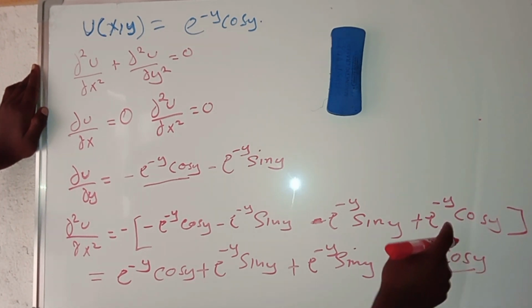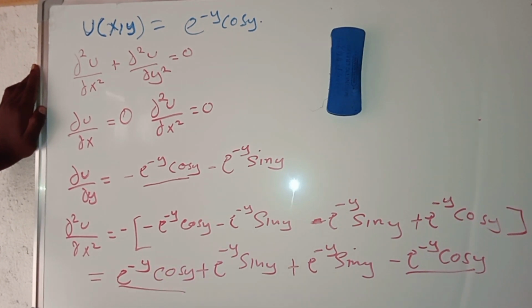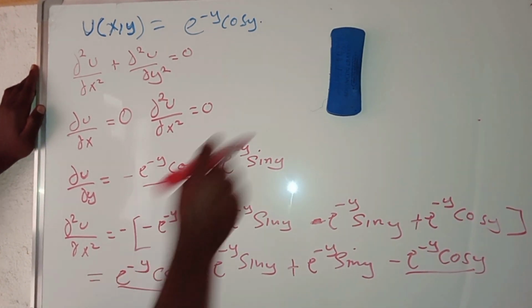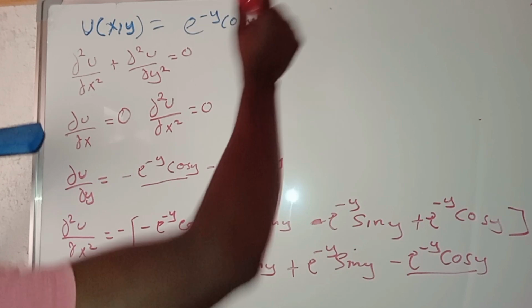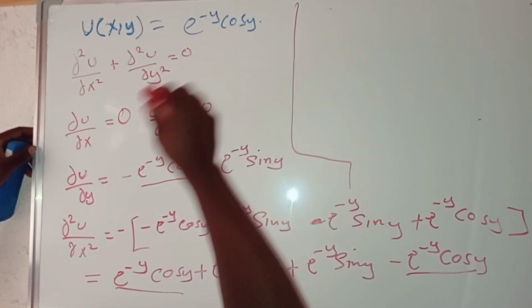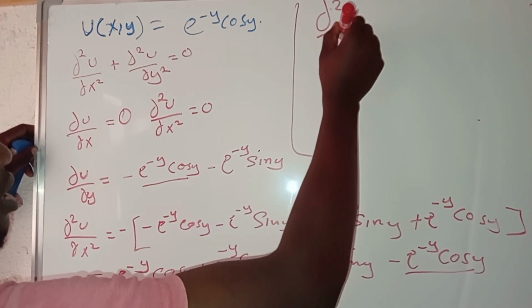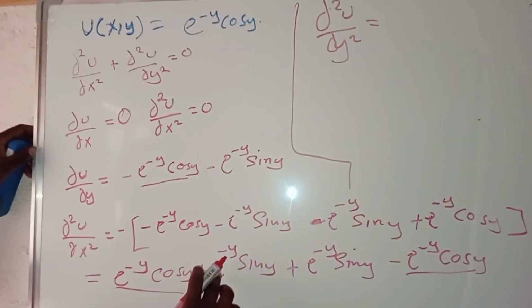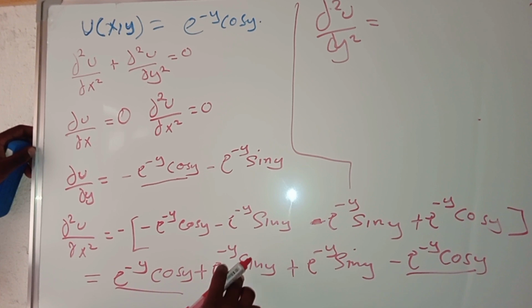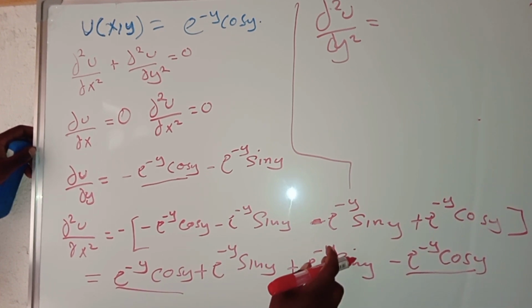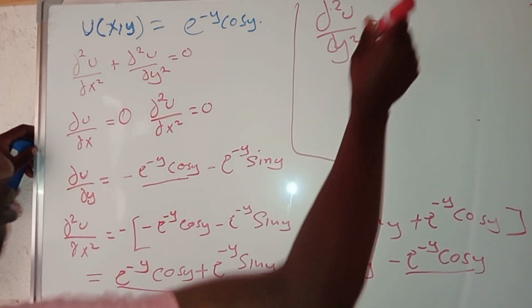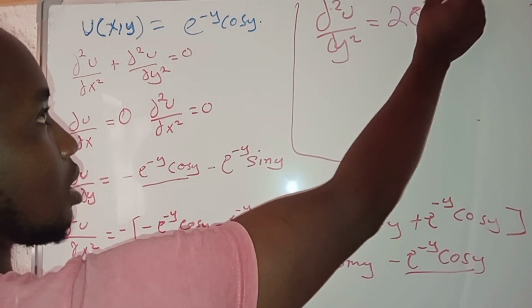So e to the minus y cos y and e to the minus y cos y cancel. So the second derivative of u with respect to y will be e to the power minus y sin y plus e to the power minus y sin y. So 2 e to the minus y sin y.